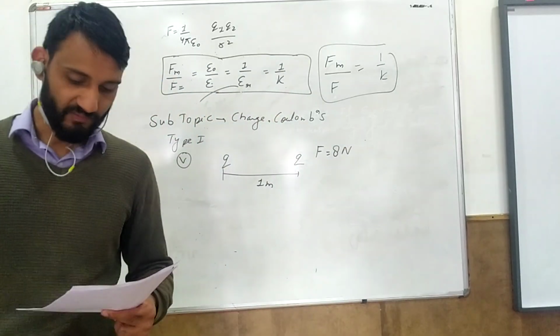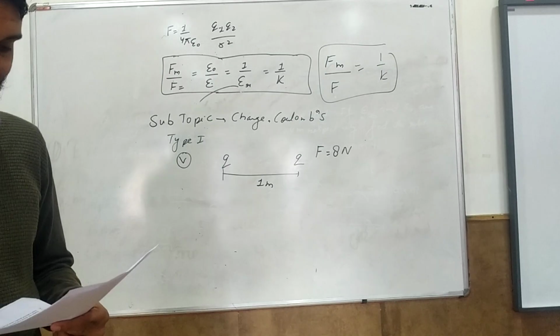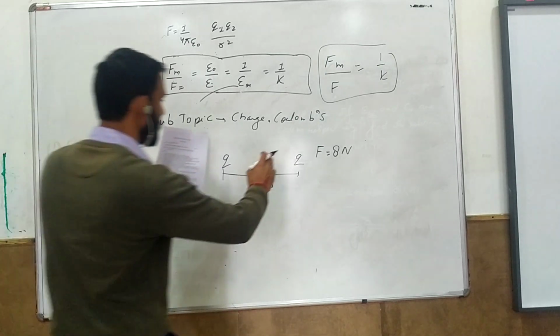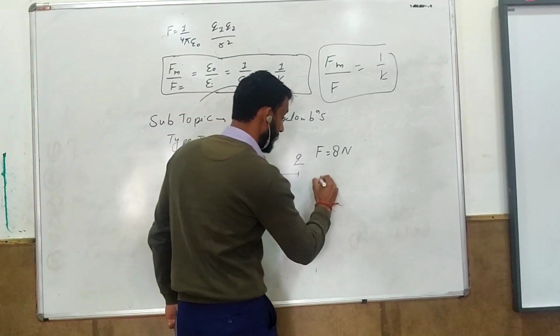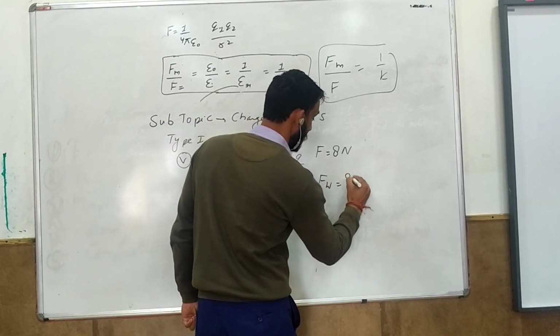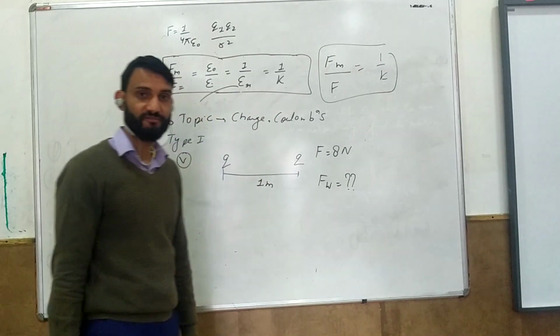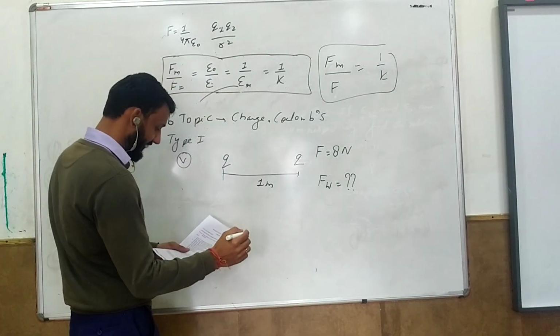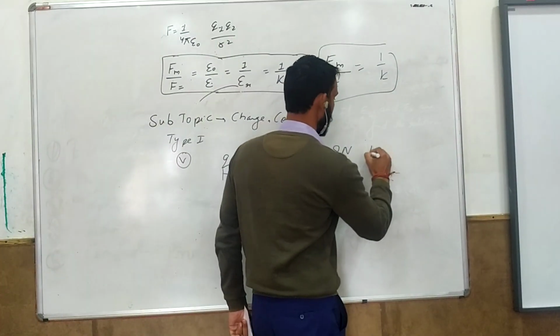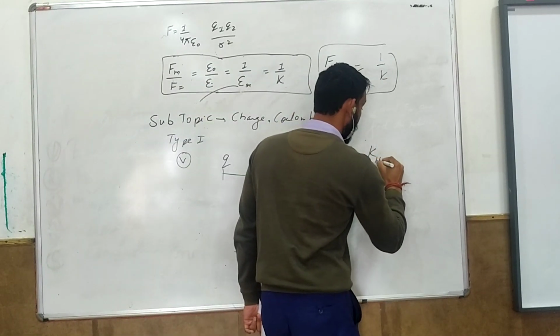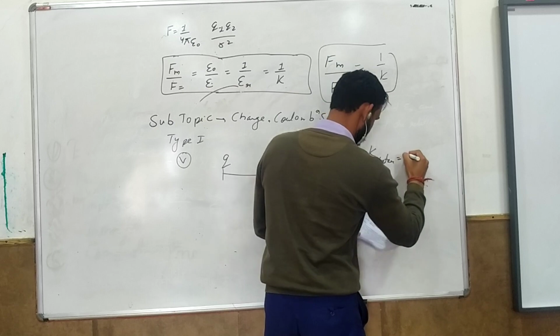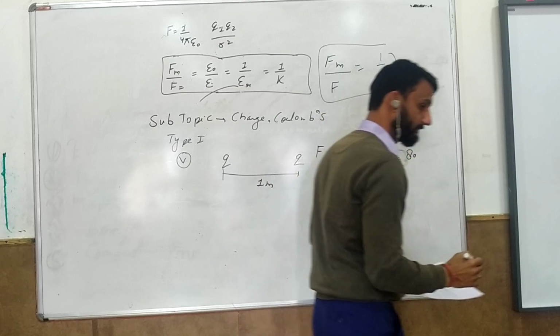What will be the force experienced by them if they are held in water? So the same charges are kept the same distance apart, but now they are kept in water. We have to figure out what the force experienced will be. The value of the dielectric constant K for water is given as 80.